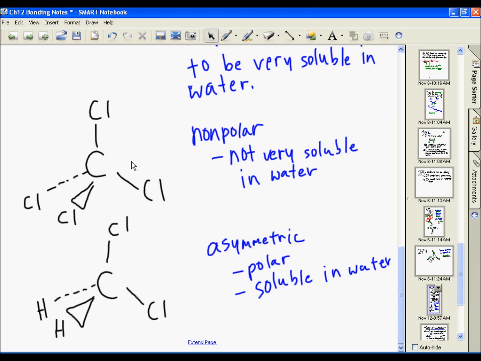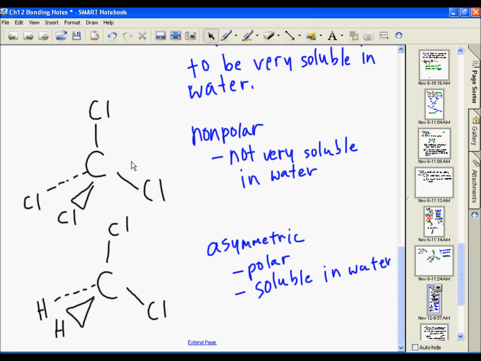Because it's nonpolar, if you have very small amounts of nonpolar molecules dissolved in water, you can actually extract them with carbon tetrachloride, because the nonpolar compounds will go into the carbon tetrachloride layer from the water layer. And then you can drain off the carbon tetrachloride layer, and then you can analyze those compounds in the carbon tetrachloride.